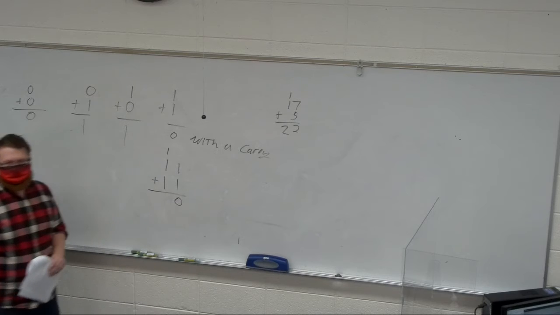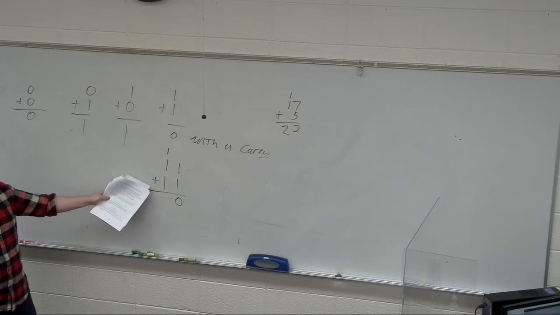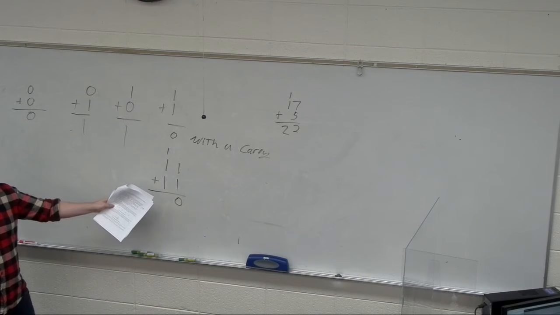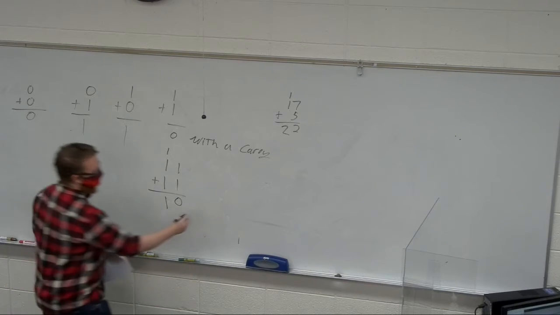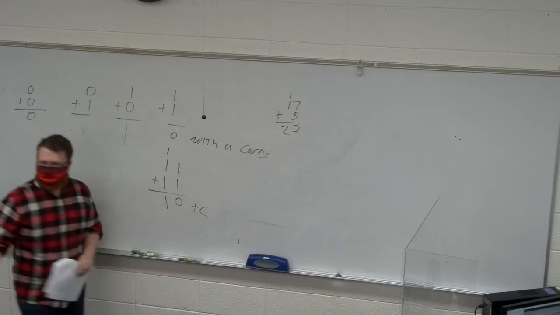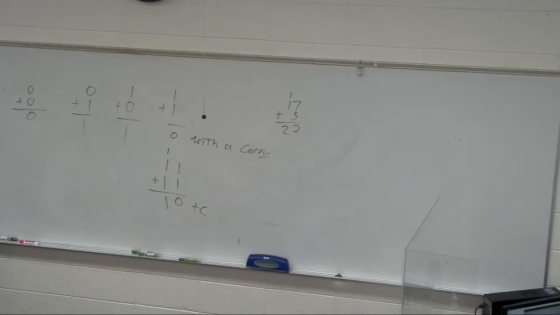Now we come to our next problem. What is 1 plus 1 plus the carry? Well, it's 1 with the carry. So those are all the things that we can add, and it stays true regardless of the number of bits we are adding together.